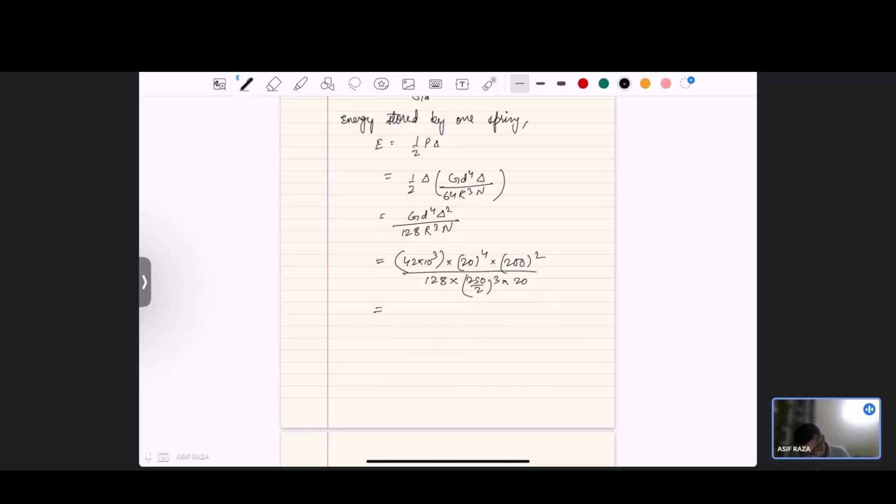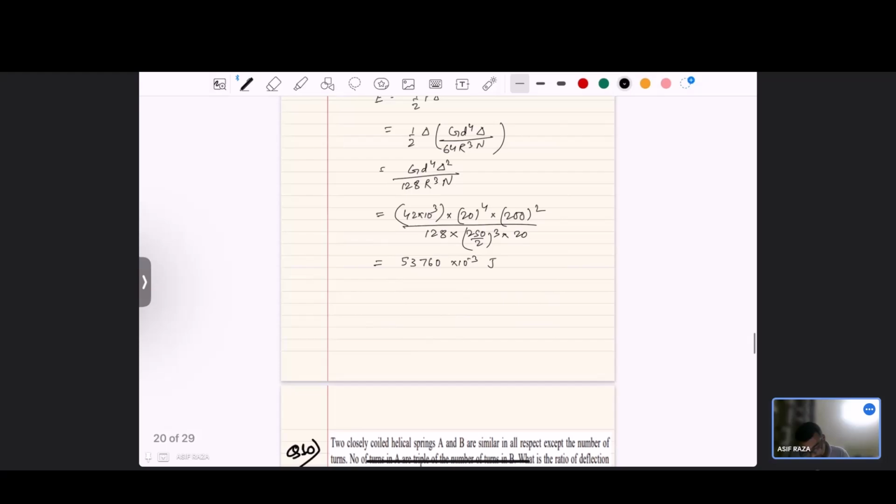So this comes around 53760 into 10 power minus 3 joule. That is, E comes around 53.76 joules.